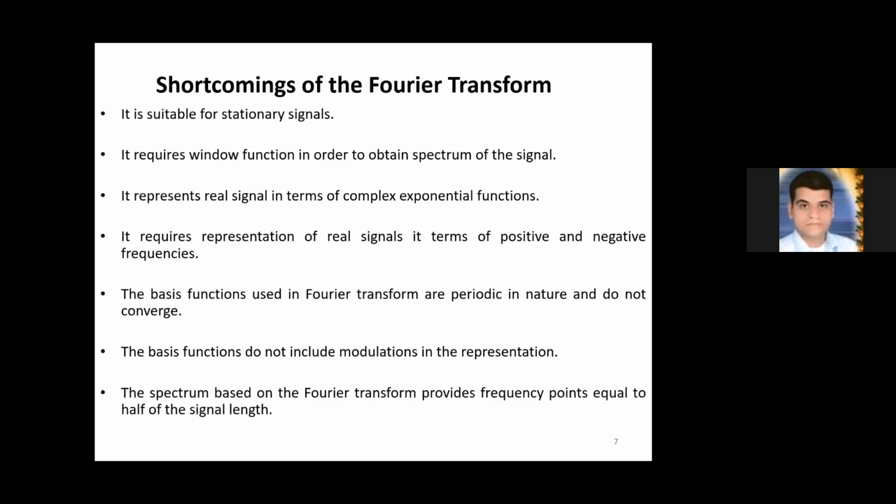Due to that, both positive frequency and negative frequency are present. Another problem with the Fourier transform is that the basis functions we use are periodic in nature, and they do not converge with time. The basis functions also do not include modulations in the representation. And the spectrum provides frequency points that are only half of the signal length. So the resolution becomes half.